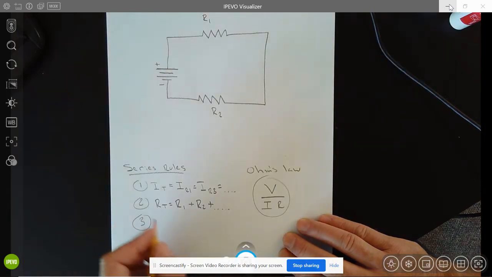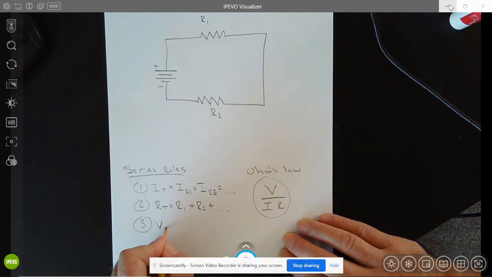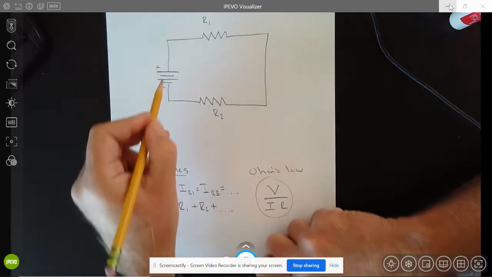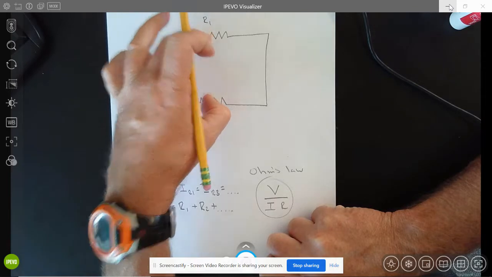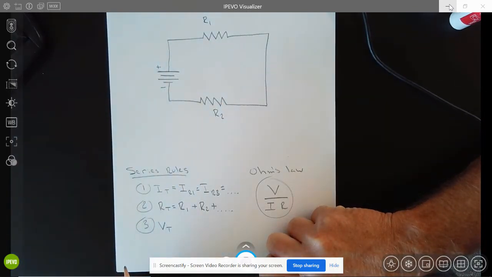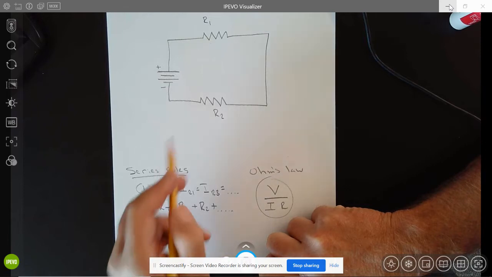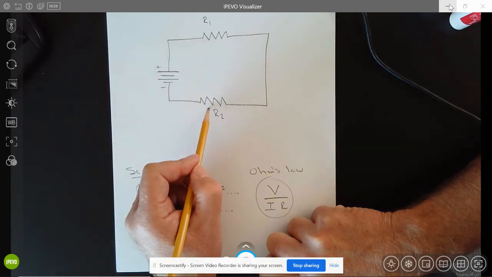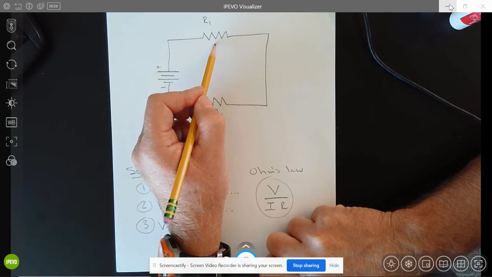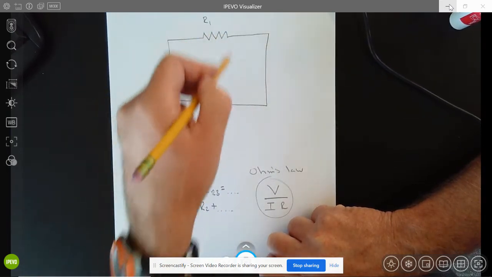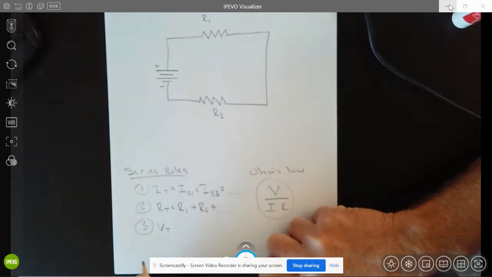Finally, the voltage. All the voltage has to push through. The battery only sees the total voltage for the entire circuit. So for a series circuit, some of it has to go through pushing this guy, some of it has to go through pushing this guy. So it divides out between the different resistors.